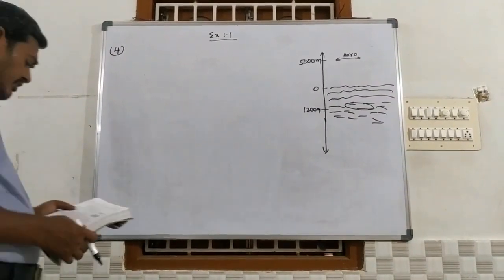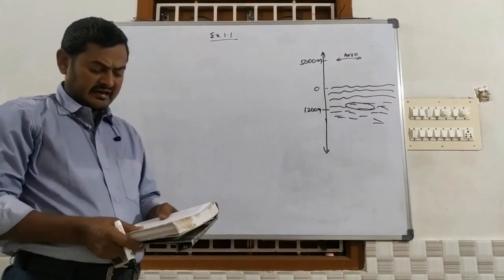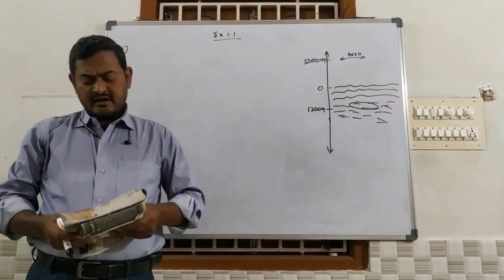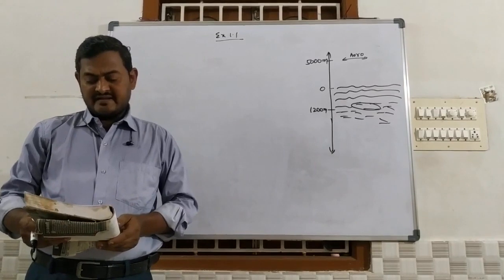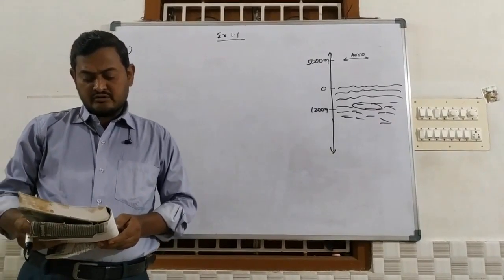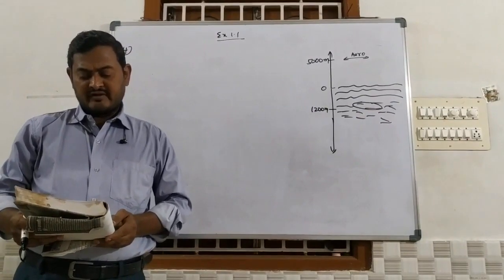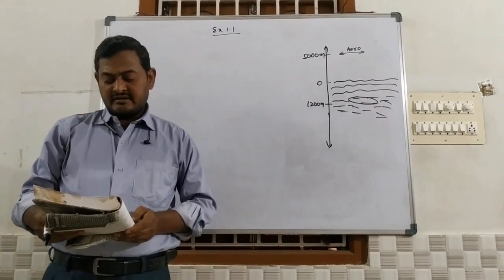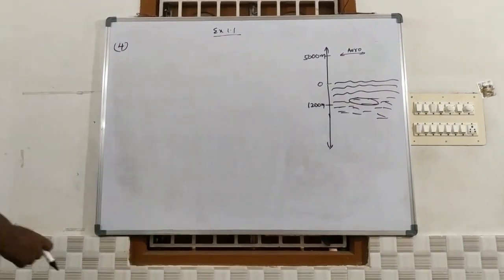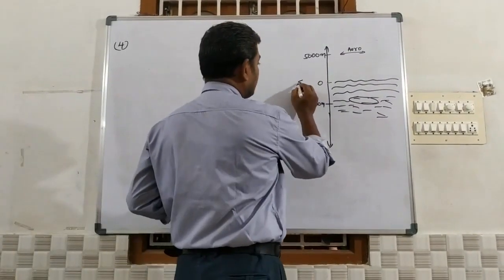Now, what they are asking: a plane is flying at a height of 500 meters above the sea level. At a particular point, it is exactly above a submarine floating 1200 meters below the sea level. What is the vertical distance between them? This is sea level.